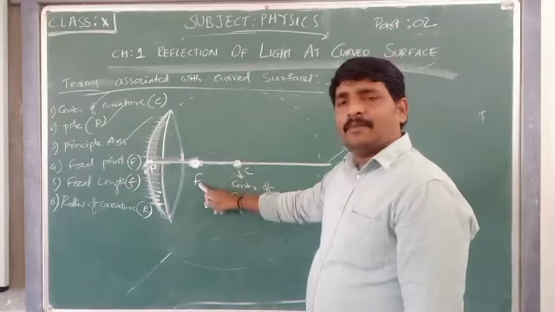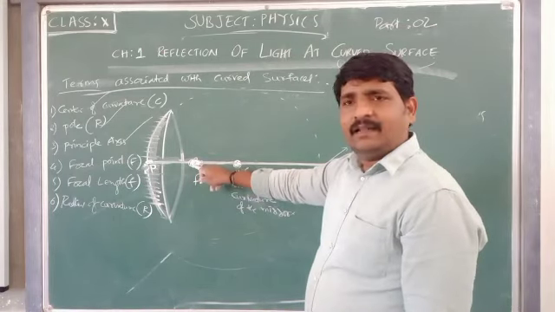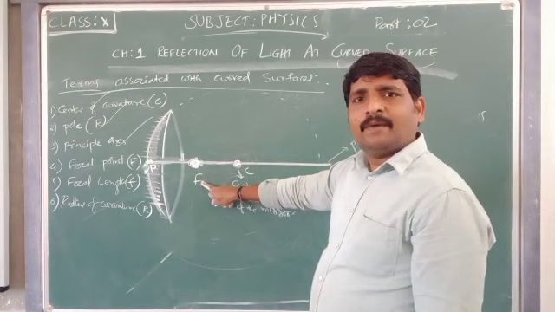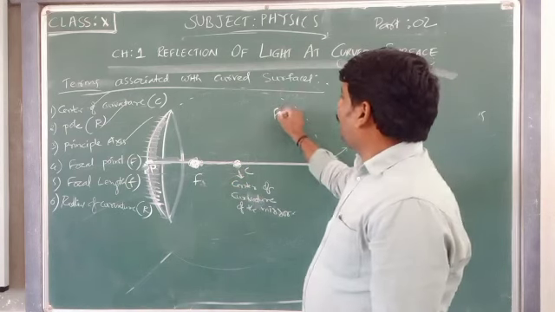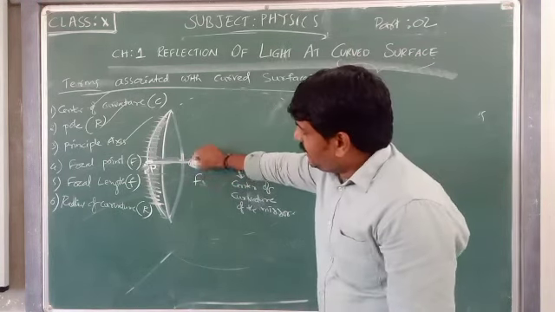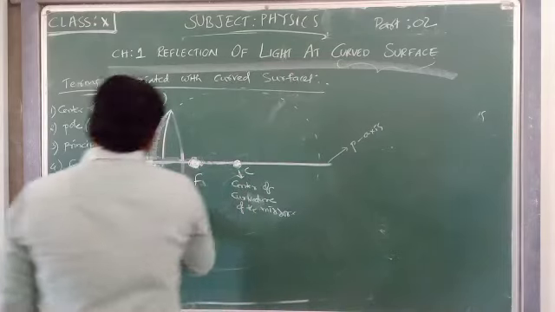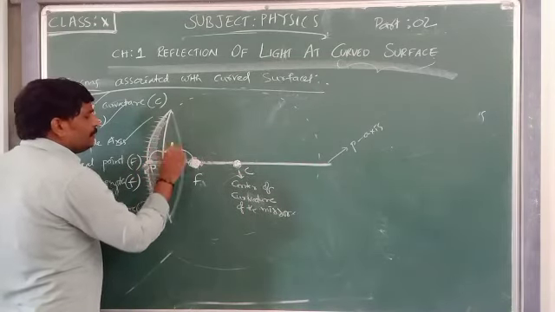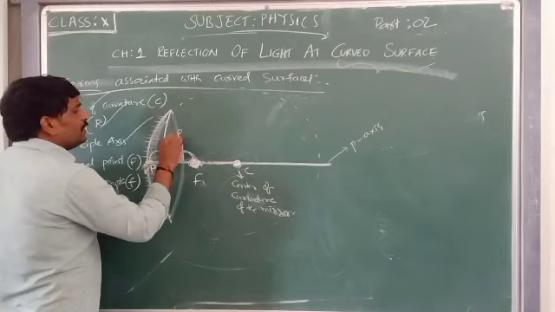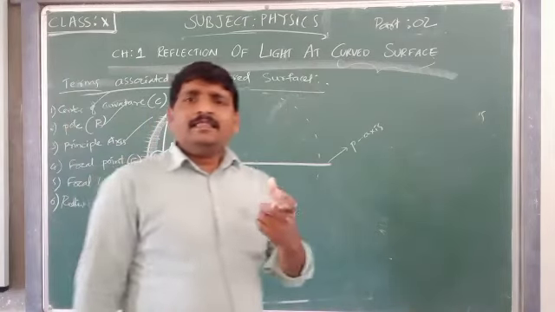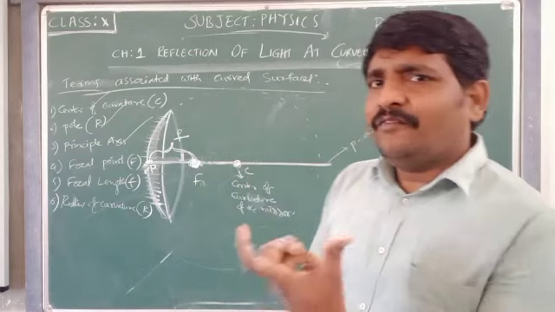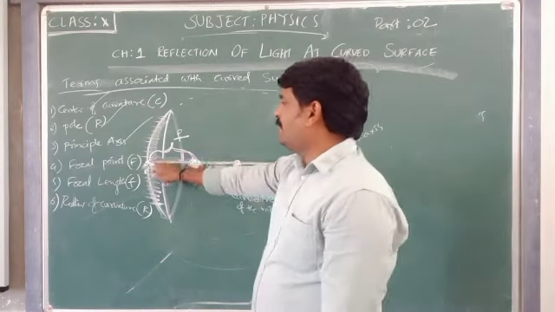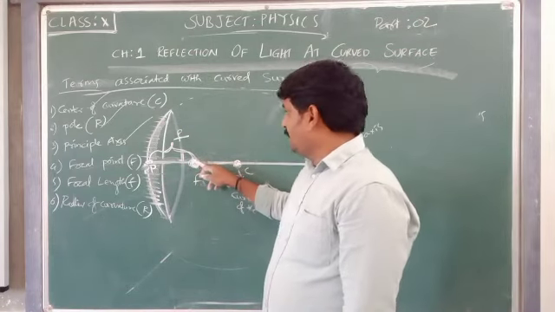We are going to discuss focal point in detail. Focal point is represented by capital F. The length between the pole and the focal point is called the focal length. From here to here will be the focal length.